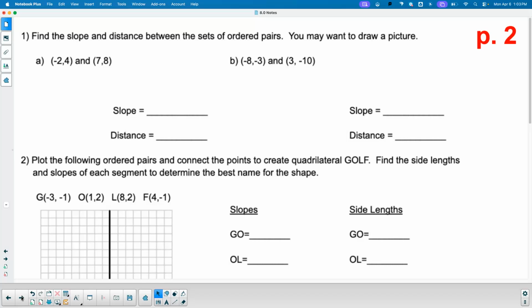Okay? All right. So on top of page 2, we have to find the slope and the distance between those 2 points. If I'm talking slope, refresh my memory, this is going back a little bit in first semester, a lot in second semester. How do I find the slope between 2 points?